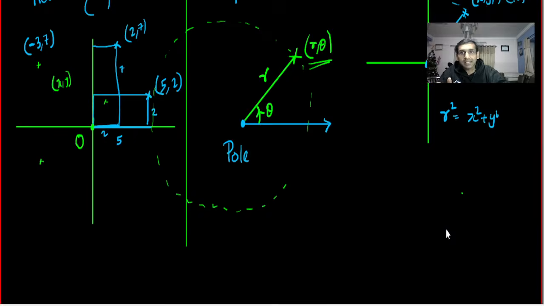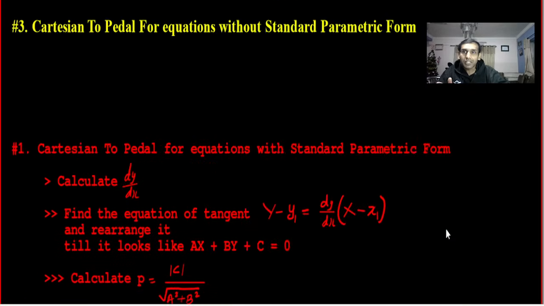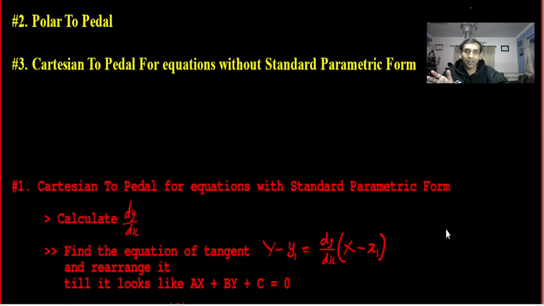The first thing we are going to learn is conversion from Cartesian to pedal. So here we go. We have a Cartesian equation. When I say we have a Cartesian equation, you can imagine something like x squared plus y is equal to 2, or maybe y is equal to sin x, or any curve that comes in your brain.